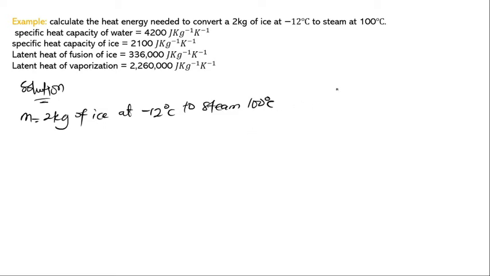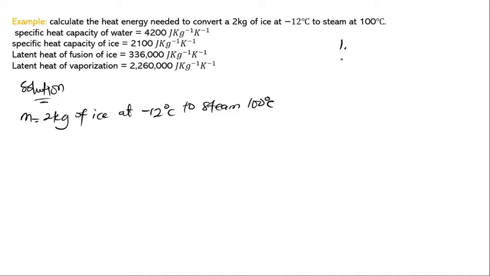Now, there are a lot of transformations occurring here, because the ice is converted into a liquid first before we heat the liquid into steam, the gaseous state. So there are 3 transformations occurring here, and we need to look at that. I said 3. There are 4 transformations.